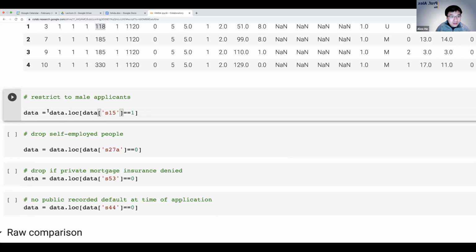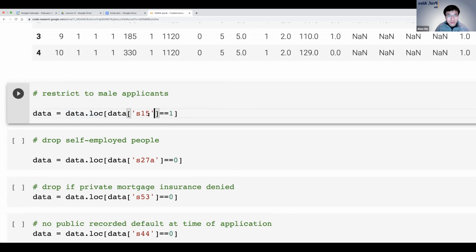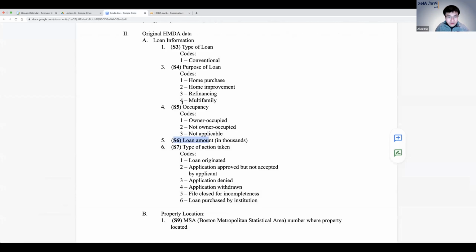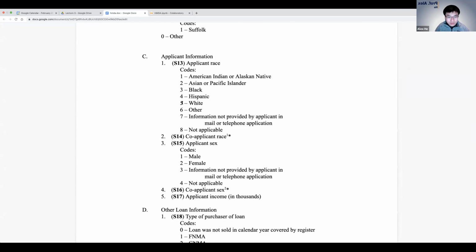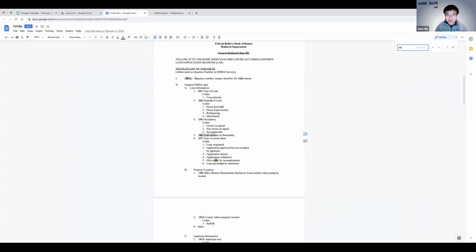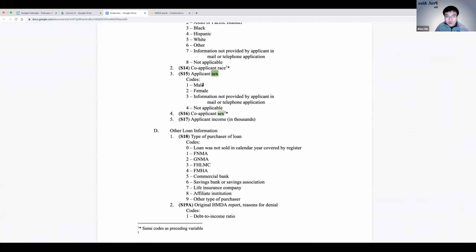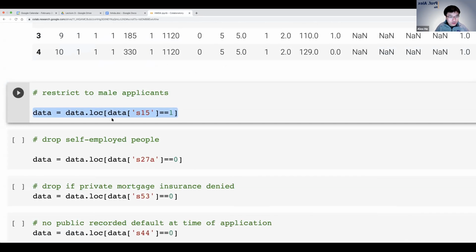So the way you do that is to locate the index of the observations where the gender is male, okay? And the gender variable is S15. Again, it's in this document, so you can search sex, and then S15, if it equals 1, it means that it's a male. Okay. So that's the first restriction we make.